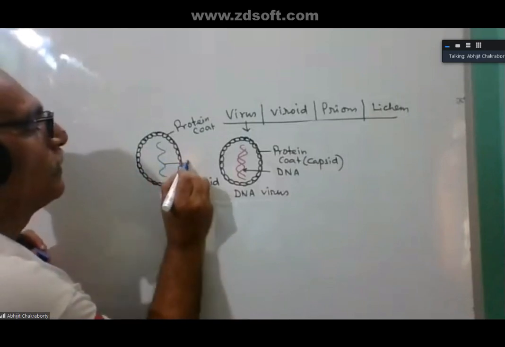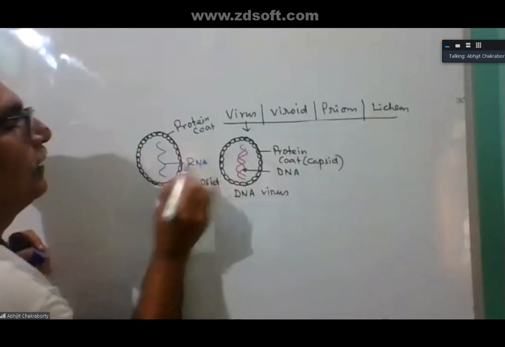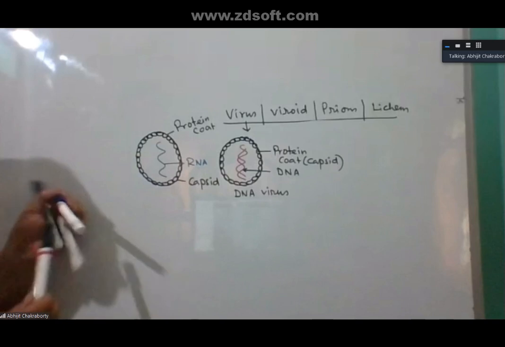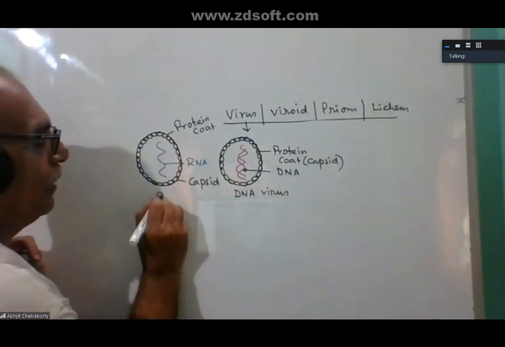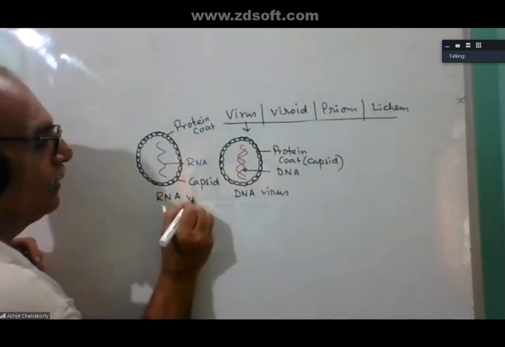This is RNA. So you can call it an RNA virus, like polio virus.